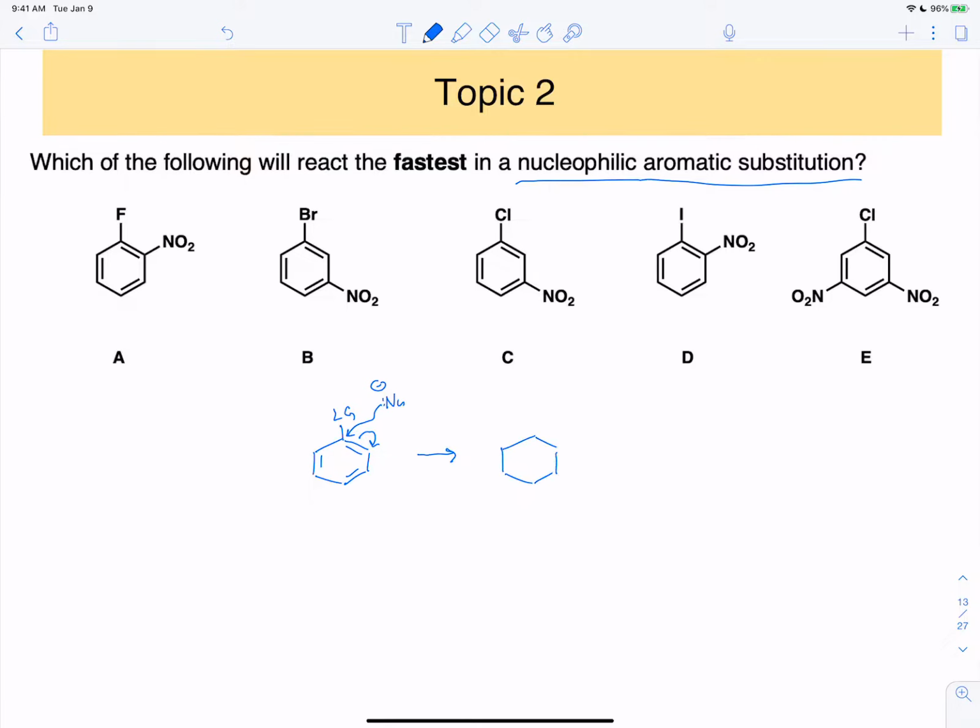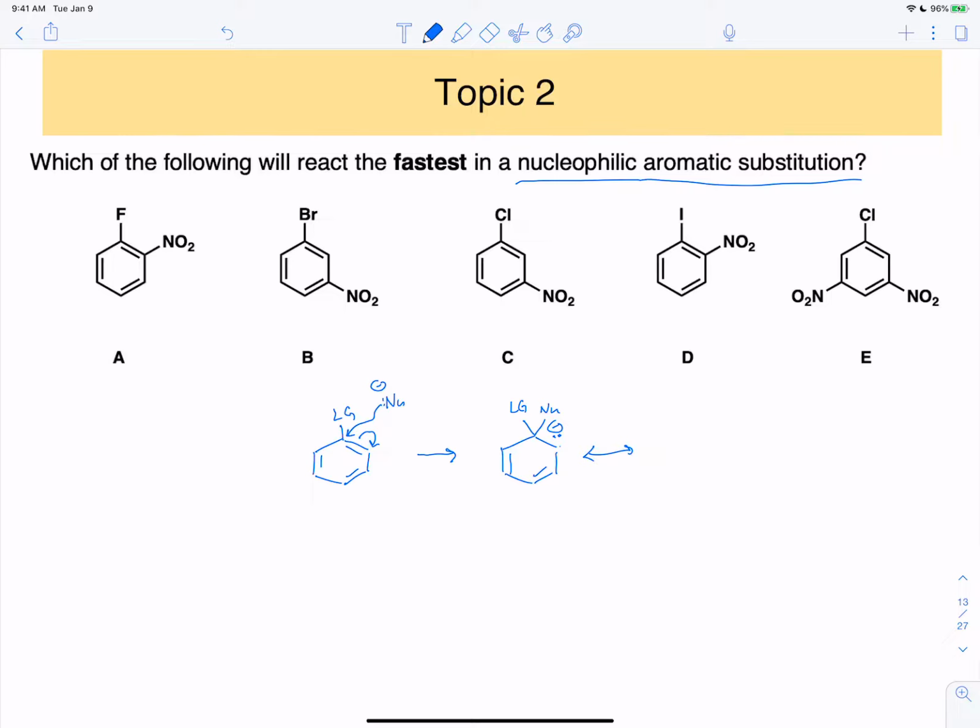So whereas the arenium ion has a positive charge, this is the same thing, only we're putting a negative charge in that dearomatized system.